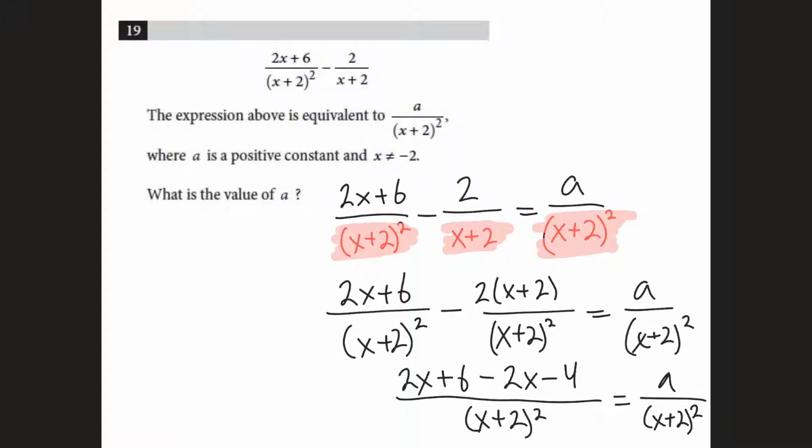Okay, this is great because what I'm seeing here is that my 2x's cancel out, plus 2x minus 2x, and then I've got a 6 and a negative 4.